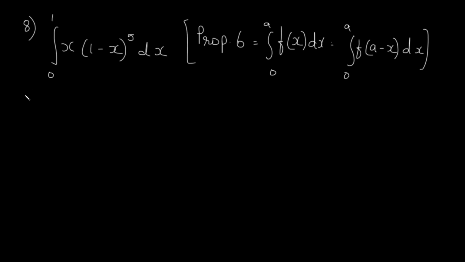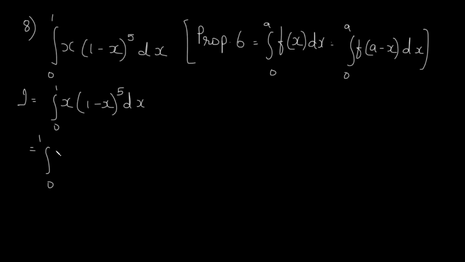Suppose this is our question, that is I is equal to the integral from 0 to 1 of x into (1 minus x) raised to 5 dx. Then by property 6, we can write I as the integral from 0 to 1. Wherever x is there, we put 1 minus x because 1 is the upper limit.